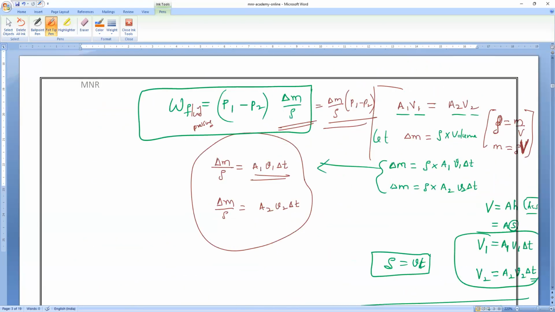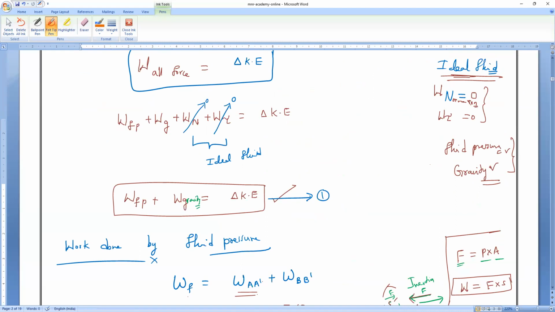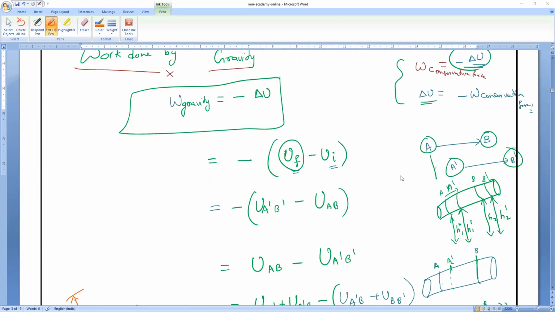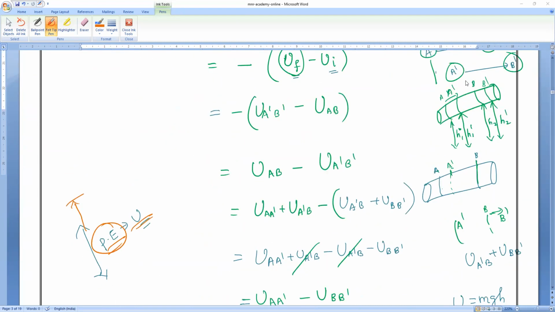So what is our equation 1? Work done by the fluid pressure plus work done by gravity is equal to change in kinetic energy. If you don't understand, once again observe very carefully.